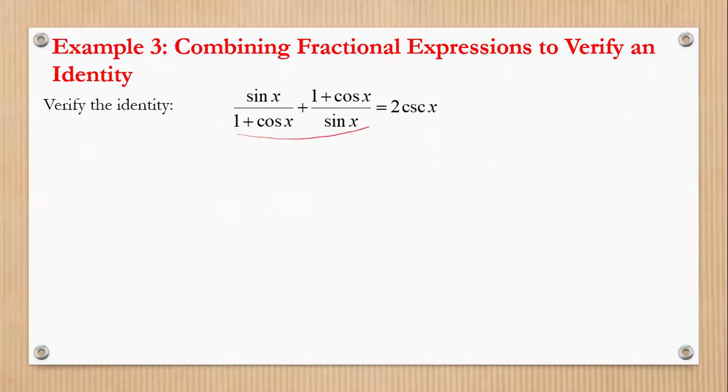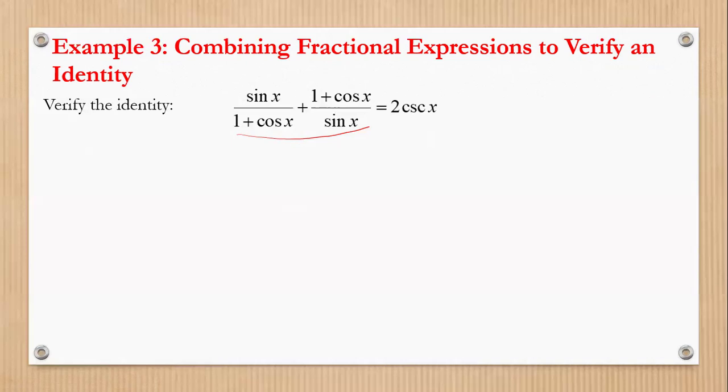Okay? And if I start from the left side, I see two fractions that are adding together. Two fractions adding together means I need a common denominator. For adding two fractions or subtracting two fractions, I always need the common denominator. Now the question is, what is the common denominator between these two denominators?